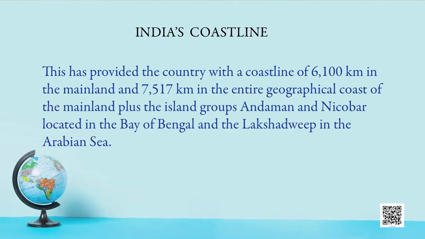If we include the coastline of those islands also, it is approximately 7,517 kilometers. Don't you think such a long coastline is very beneficial for India? Of course it is. It gives us a lot of fertile soil, a lot of aquatic animals, a lot of resources, crude oil. So this fishing area is the richest fishing ground in the world also.